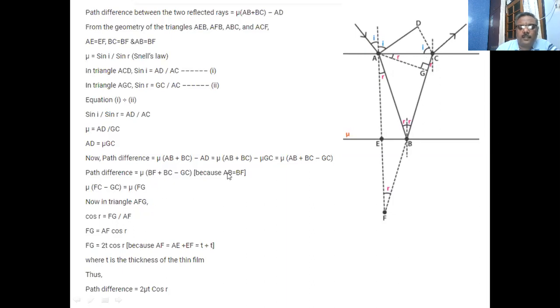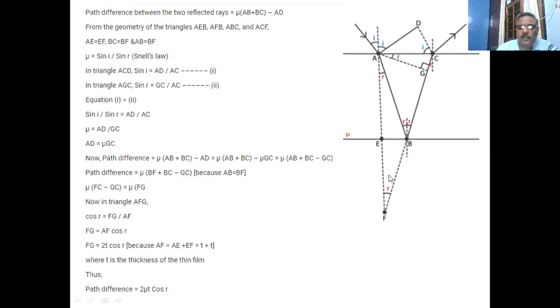Now we consider the triangle AFG. This is angle R, so cos R will be equal to FG upon AF. So from this relation, FG is equal to AF into cos R. AF is equal to AE plus EF.